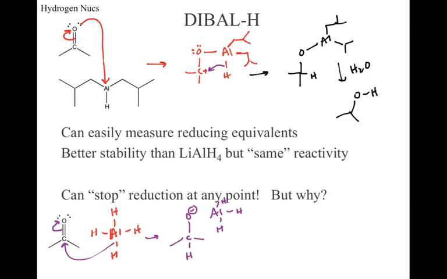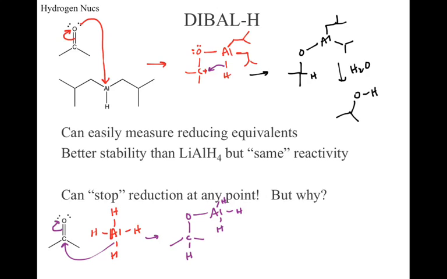So we end up with the same kind of coordination. It's just a question of how and when it occurs. In the case of our lithium aluminum hydride or our borohydride, hydride attacks. In the case of DIBAL, the carbonyl attacks.